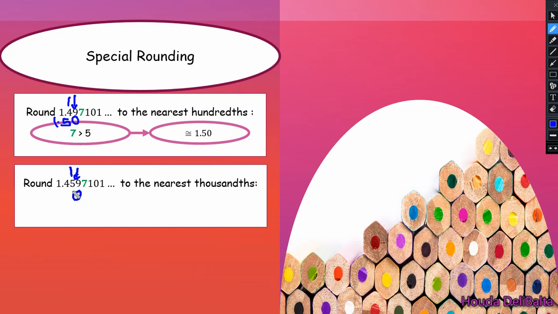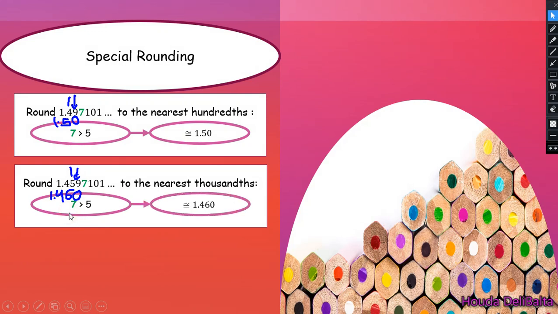Then 5 is going to be increased by 1. And then I will get 1.460. So because 1 is added to 9 and we get 10, then we add the 1 for 5, and that's the answer.